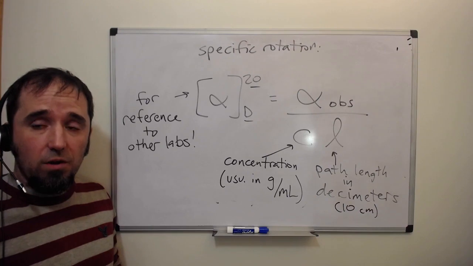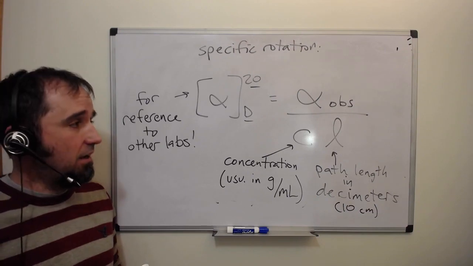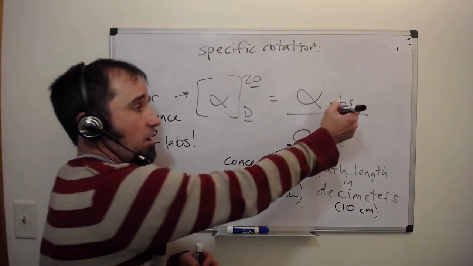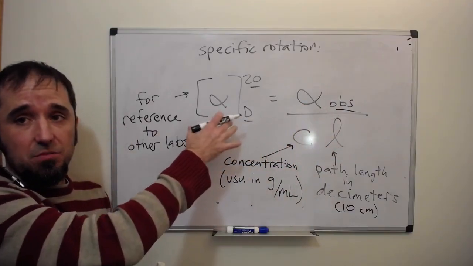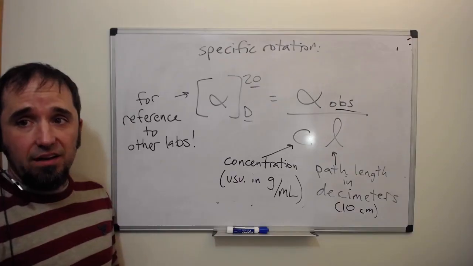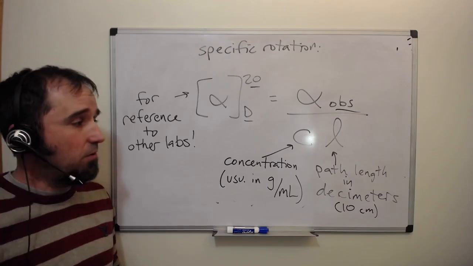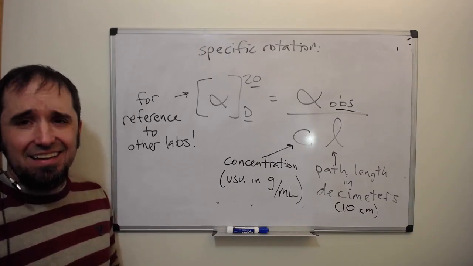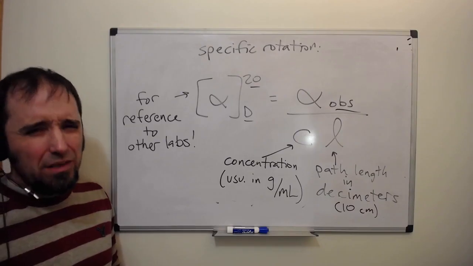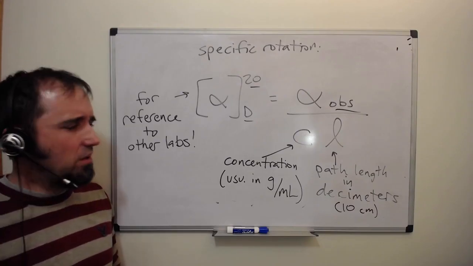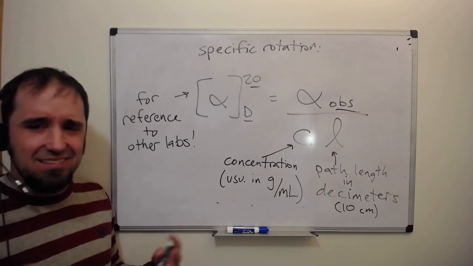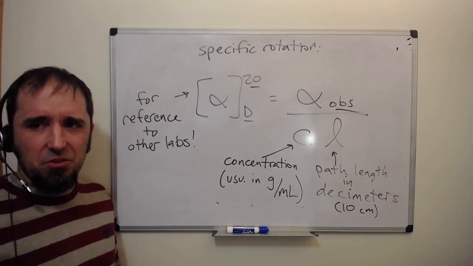And then we're going to basically compare our observed data to some textbook value by taking our observed data and dividing by the concentration of the sample and the path length in decimeters. These are real weird units, and they're only there because of history. That's how people have historically put this together.